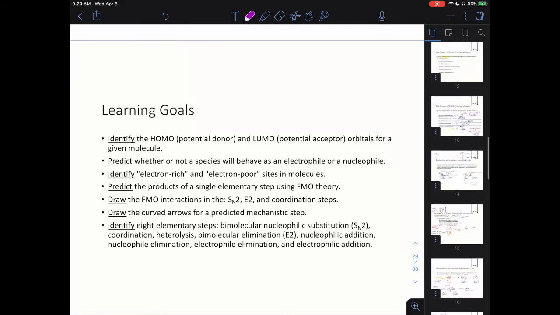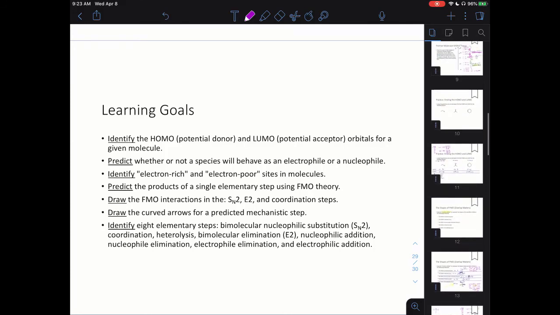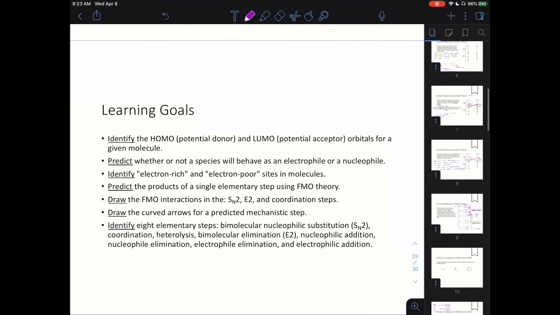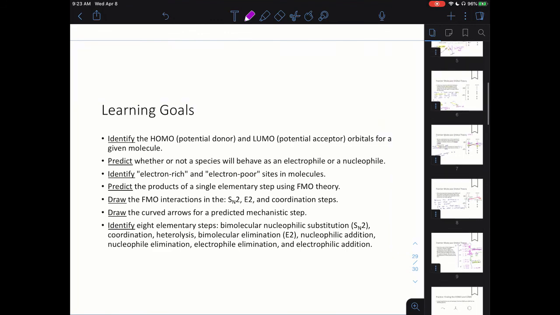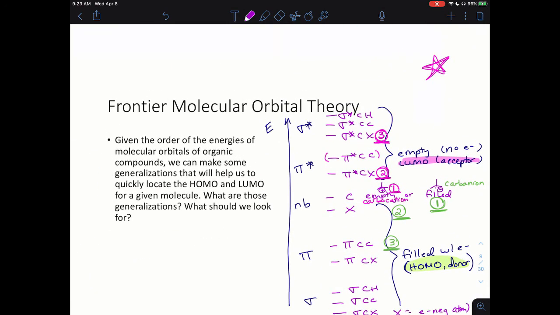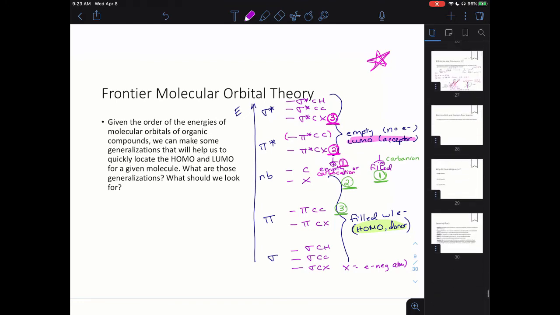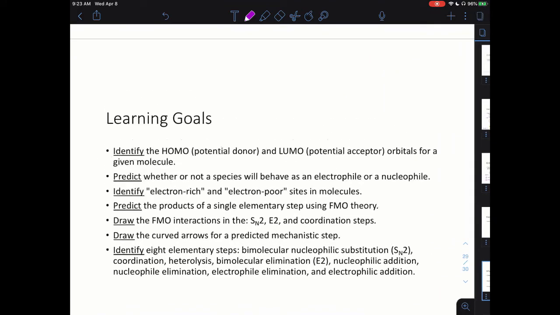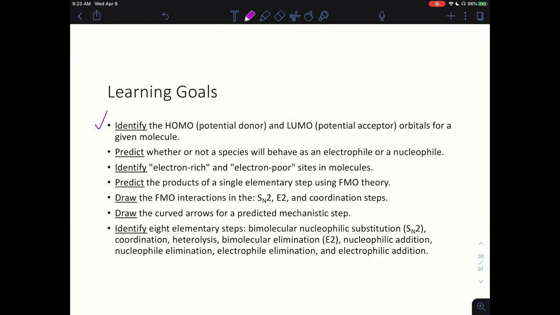You could either draw out a complete reaction or complete MO diagram, or you could just use your list of potential HOMOs and LUMOs that we generated on this page. So we can definitely achieve that learning goal: identify HOMOs and LUMOs for a given molecule.